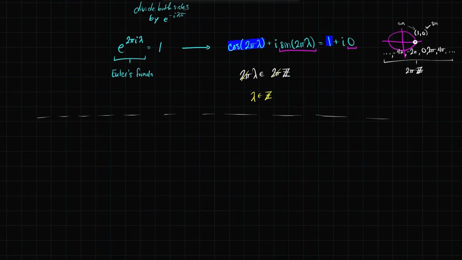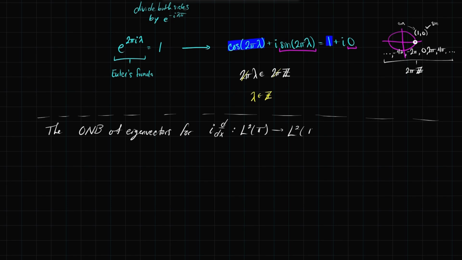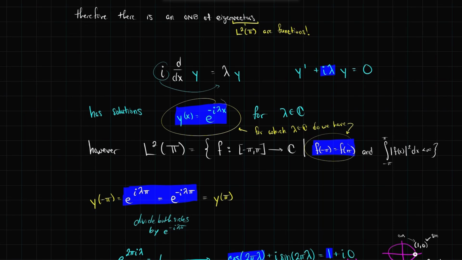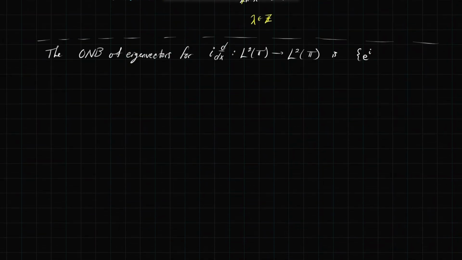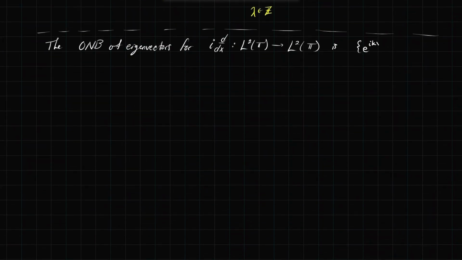We discover the orthonormal basis of eigenvectors for i d/dx on specifically this special space, L2 of the torus to L2 of the torus, is e to the ikx, or negative ikx, either one's the same, where k is in the integers.